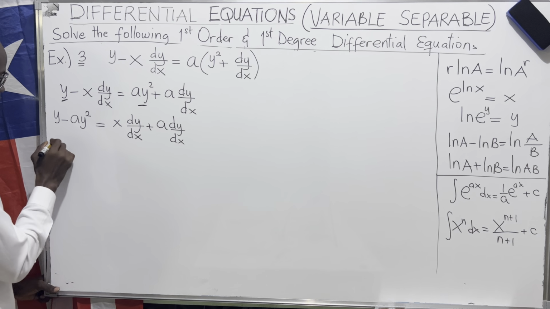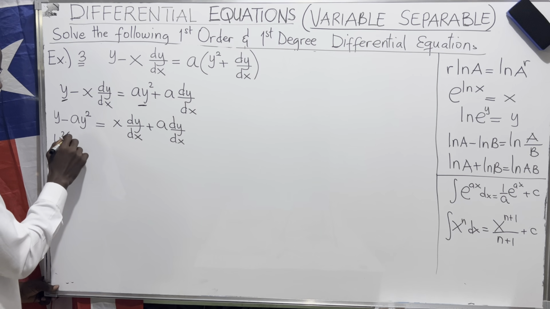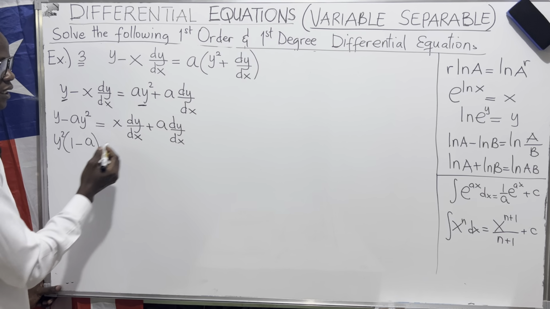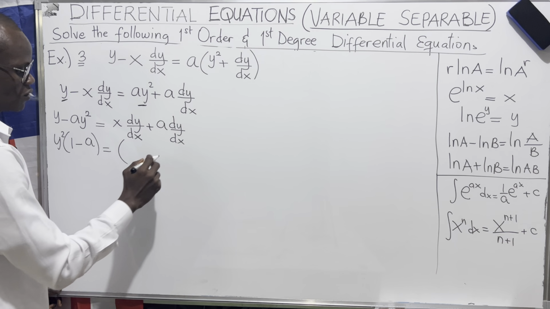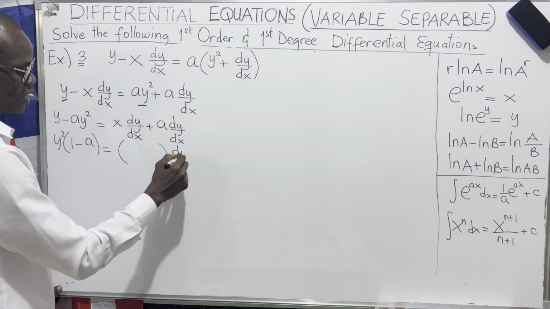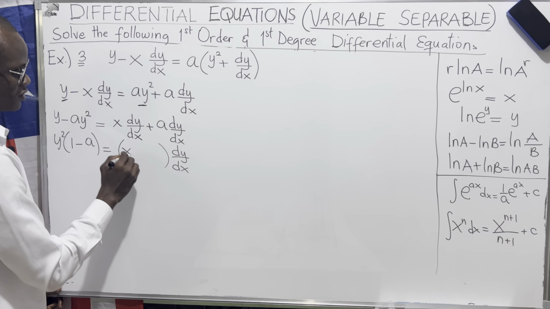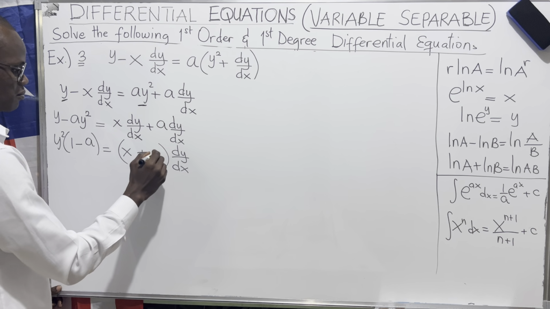Now I factor out y squared, I'm left with 1 minus a. And dy by dx is common to the two terms, so I can factor out dy by dx. I'm left with x in this term, and a in this term.